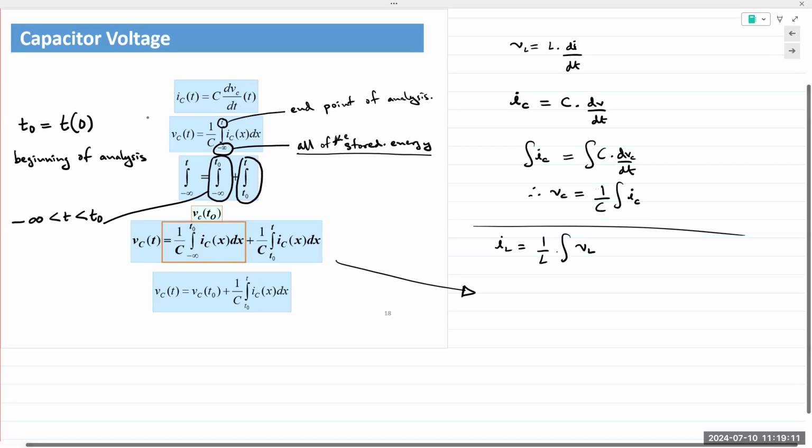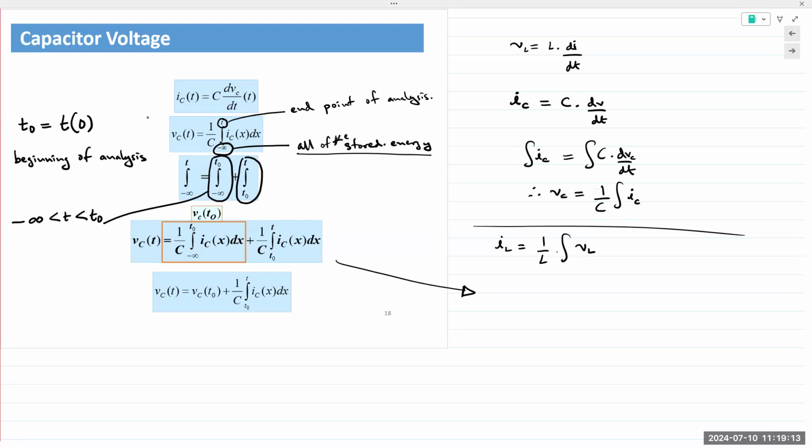Well, you're looking at all the time period before we began our analysis at t0. Minus infinity is all of the time that was in the past. So what we are trying to look for is all of the stored energy that was present in that component at the moment we begin our analysis. And we have to add that into our equation to determine our voltage or current.